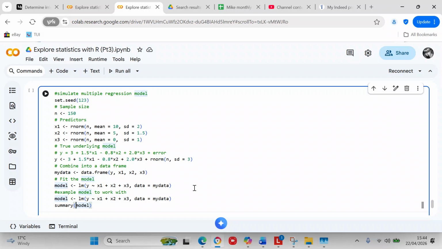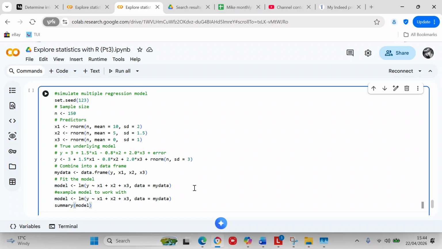X2 is the same thing, but it has a mean of 5 and a standard deviation of 1.5. And X3 is the same thing, except it has a mean of 0 and a standard deviation of 1. So we're going to have our true underlying formula: y equals 3 plus 1.5 times x1 minus 0.8 times x2 plus 2.0 times x3 plus error.